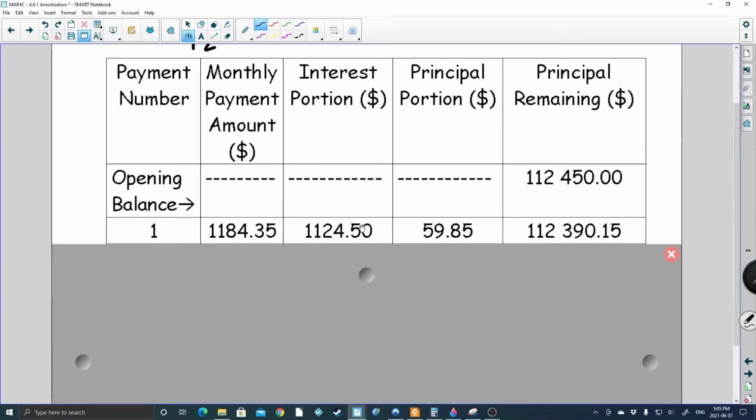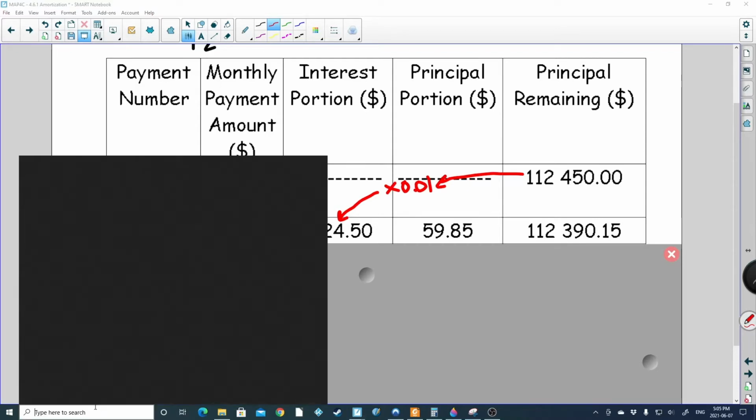So where does the interest portion come from? And this is where the table gets a little bit confusing, so I'm going to try to explain it with colors, and hopefully that'll help you see. So in order to calculate the interest, we're going to take the principal remaining, and that's going to give us this number by multiplying by the interest that we calculated, which is the 0.01.